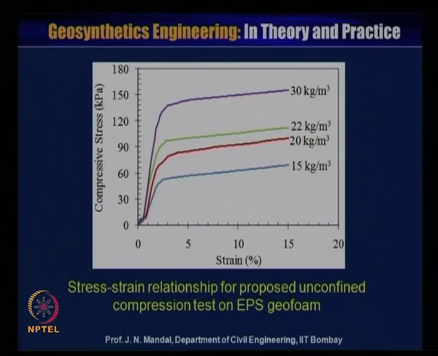So, from the test result you can obtain the stress strain relationship for the proposed unconfined compression test on the expanded polystyrene geofoam. Here the x axis is the strain in percentage and the y axis is the compressive stress in kilopascal.